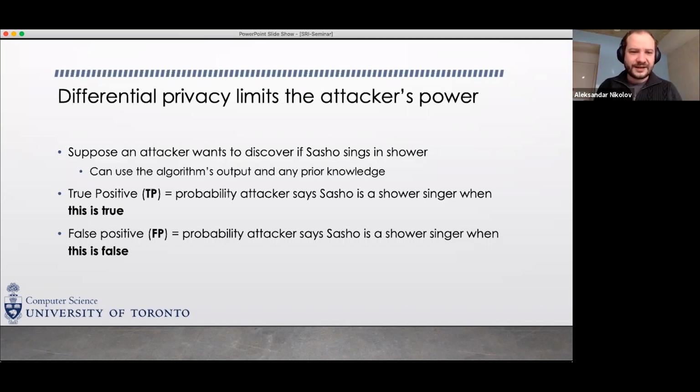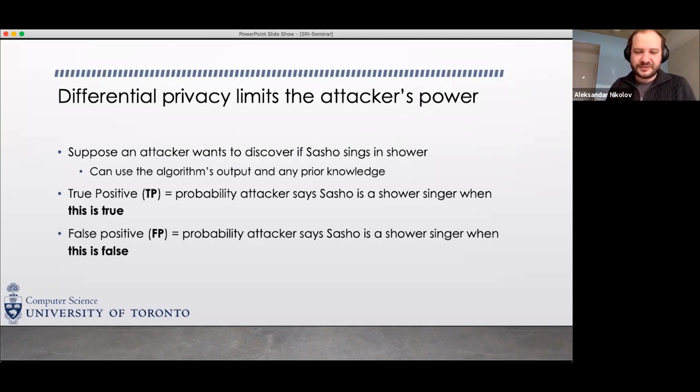So you can kind of quantify the power of an attacker in terms of 2 numbers. One is the true positive rate, let's say, which is the probability that an attacker, if the data set contains the information that Sasha sings in the shower, then in this case, we want to know what is the probability that the attacker correctly finds out that I do sing in the shower.